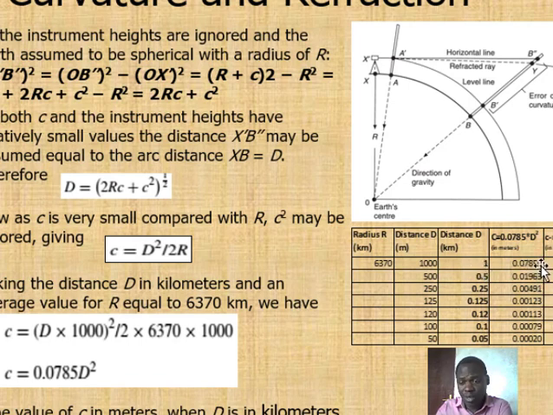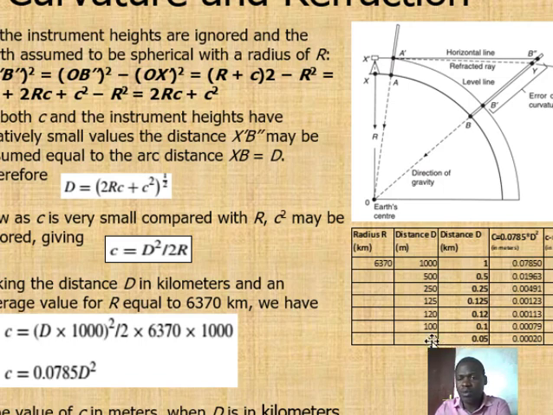What we realize is that when the distance is decreasing, the error is decreasing. When we have a distance of 125 meters, the error is reduced to 1 millimeter. And when we are at a distance of 100, we realize that we are below a millimeter of error, which means that we can choose the distance according to the accuracy of measurement we need.